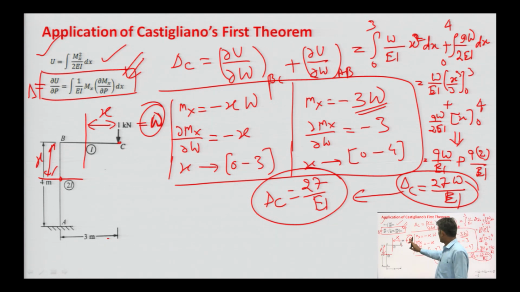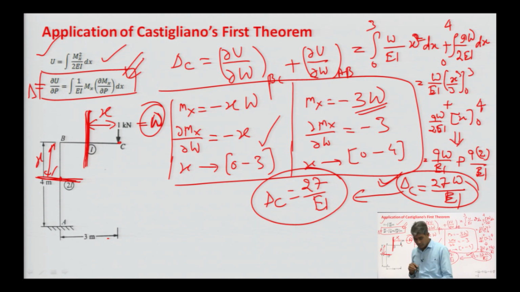And then choose a suitable section to get the bending moment, and find out the suitable limits. In this case, two sections should be chosen, here and here. By doing this, put the different values into the integrals and find out the value. After getting this expression, put the value of w.